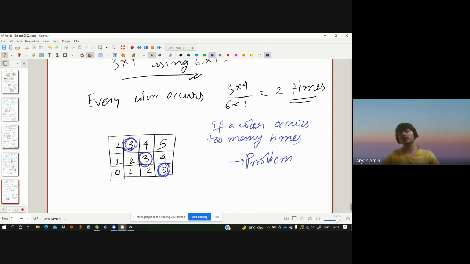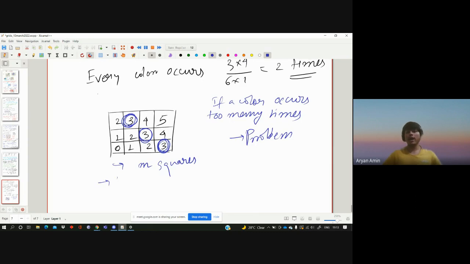passes through here. Okay, so this diagonal has m squares, right? And every square has the same color, right?